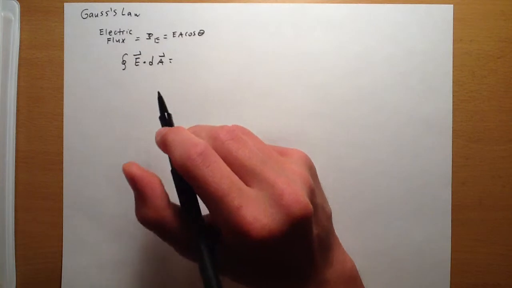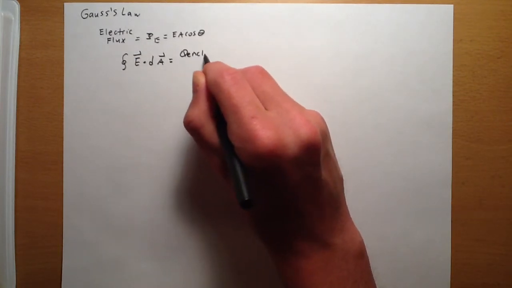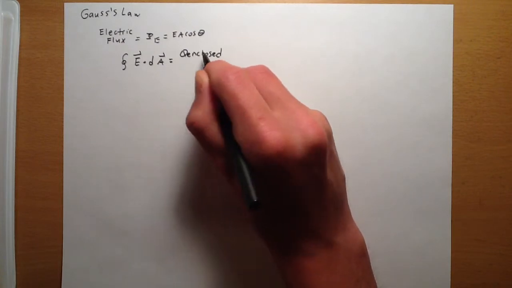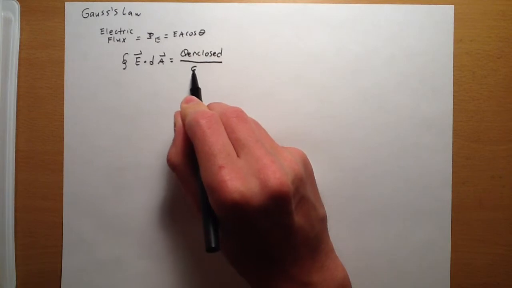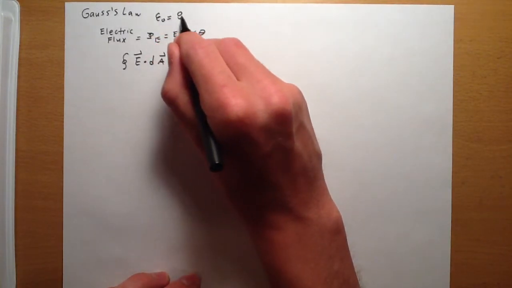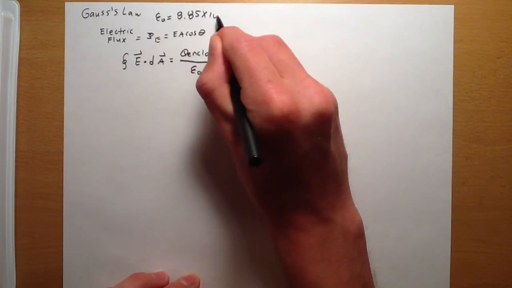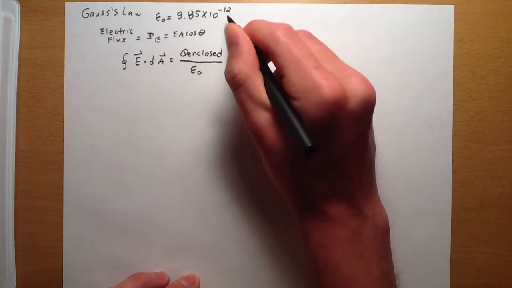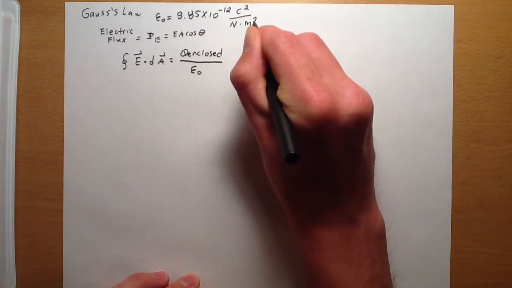And this is equal to the charge enclosed, Q enclosed, of the volume over sigma naught. Now sigma naught we know is 8.85 times 10 to the negative 12 coulombs squared per newton meter squared.